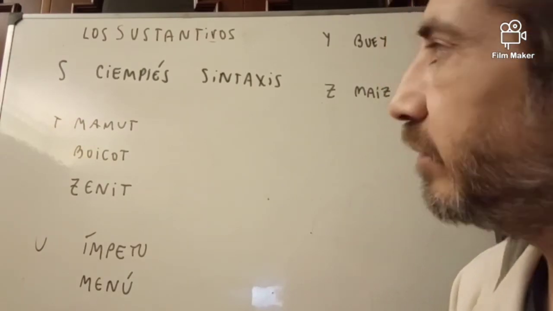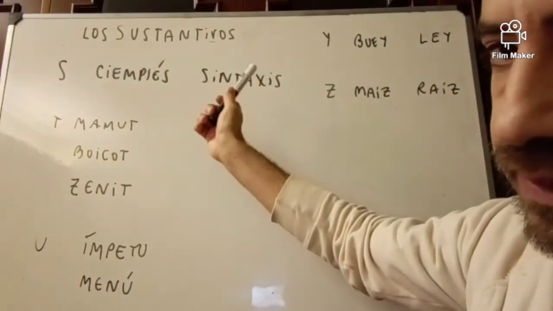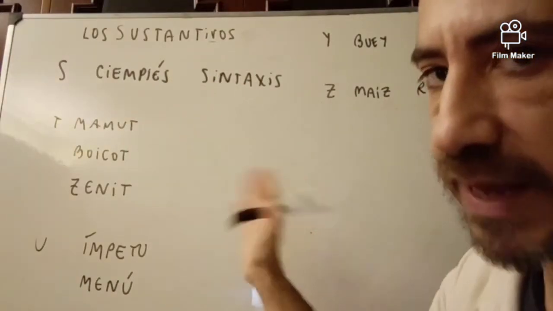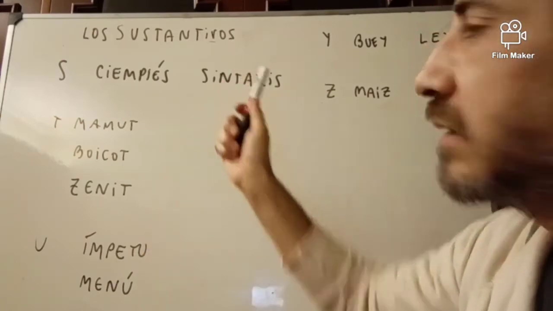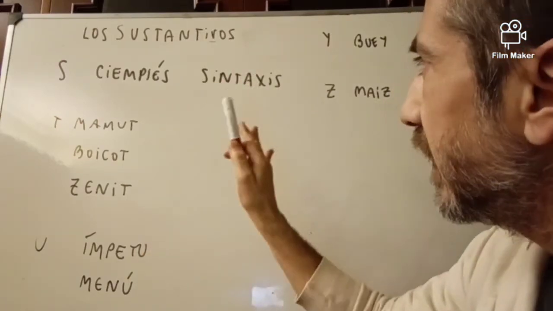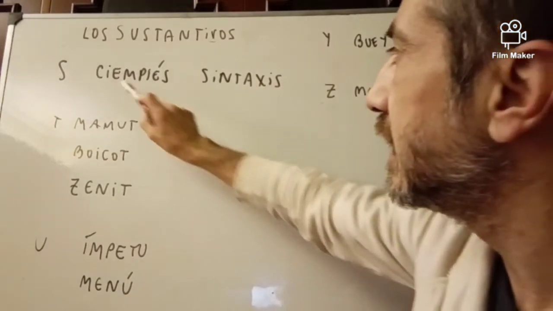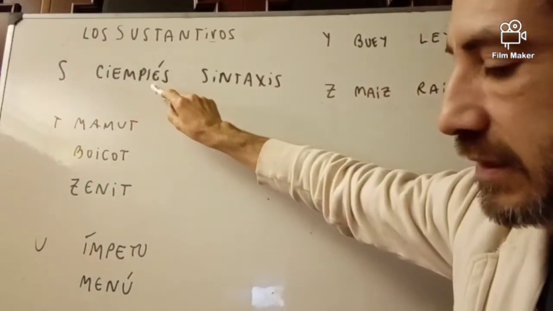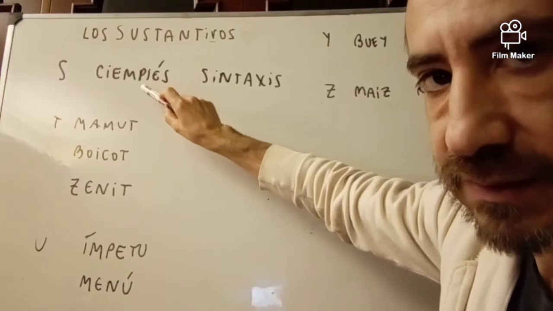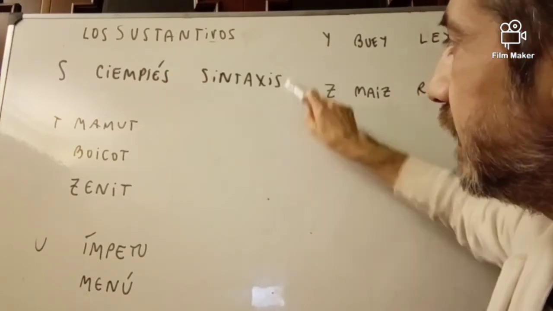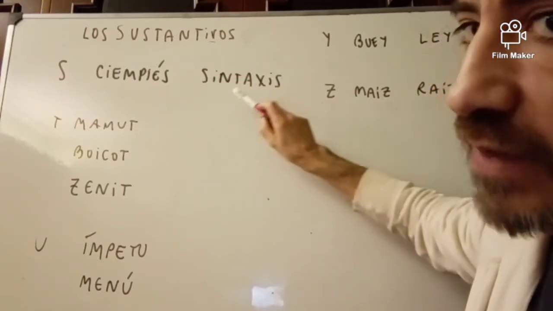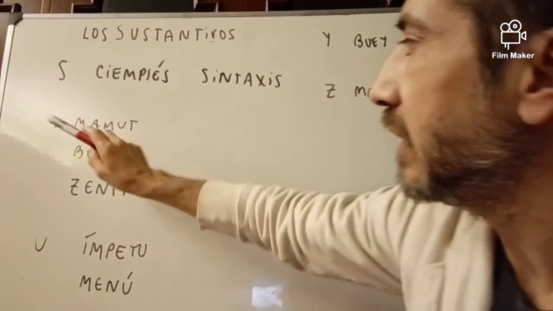We have a lot of them, and we can find either masculine and feminine nouns. Cien pies is el cien pies, masculine, the centipede. Syntax, it's feminine, la sintaxis.